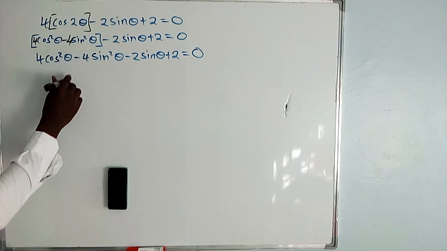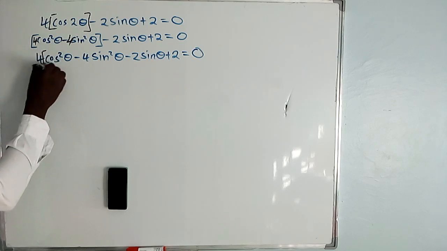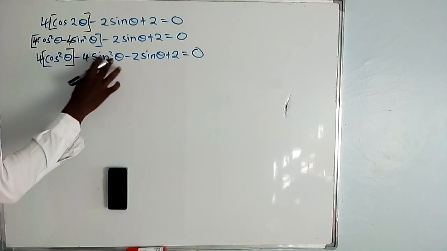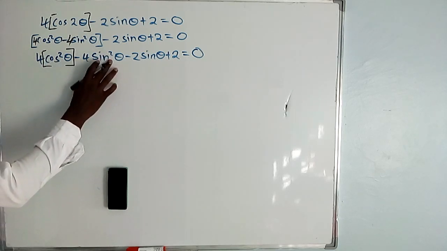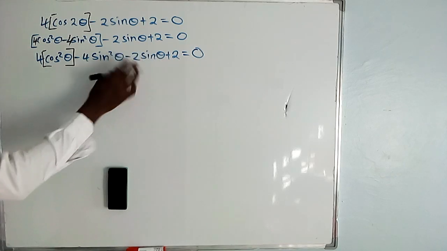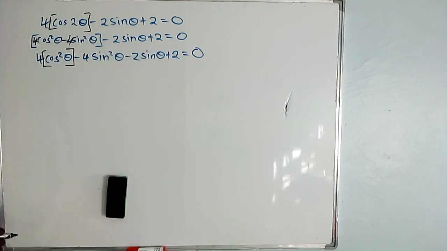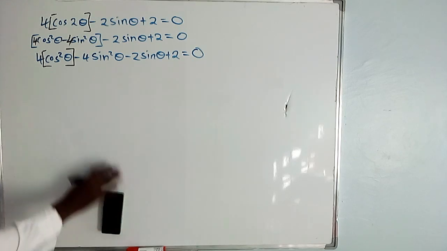So you use the Pythagorean identity to eliminate either cos or sine. If you look here, the only thing to be eliminated is cos squared, because we have sine squared and sine which is not squared. So the task is to eliminate cos squared θ, isn't it?